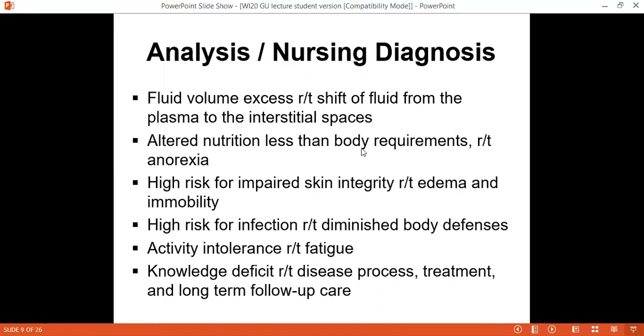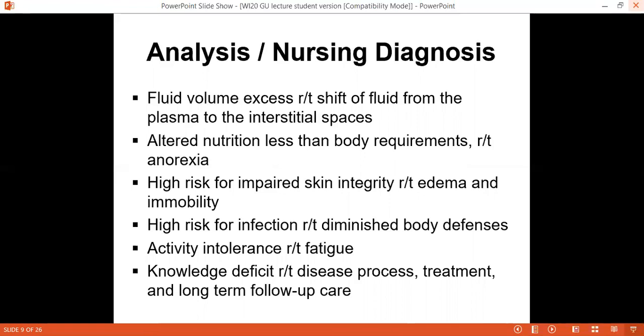All right, our issues that we're going to work through as our nursing diagnoses: fluid volume excess related to shift of fluid from the plasma to the interstitial spaces. I know the diagram talks about hypovolemia. That's because we're losing volume where we want it. It's shifting into those interstitial spaces.